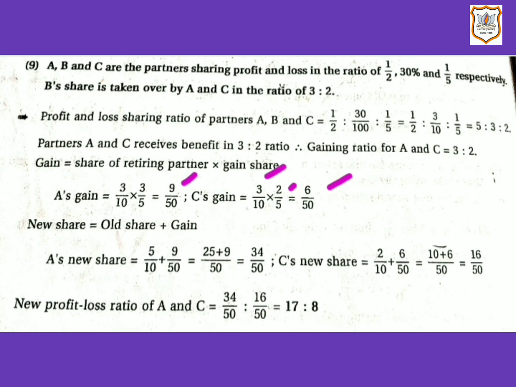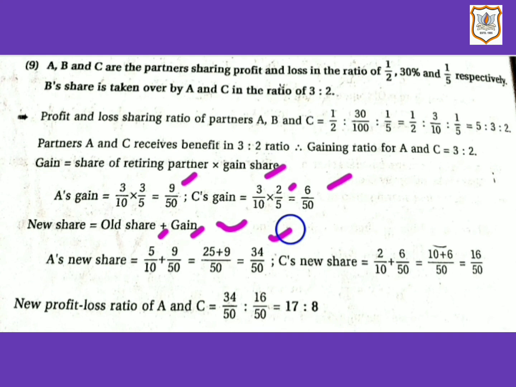Now we will apply the formula for new share, that is new share is equal to old share plus gain. So in this way, A's new share would be 5/10, that is old share of A, plus A's gain that we just found out, that is 9/50. By adding these, we will get 34/50 as A's new share.